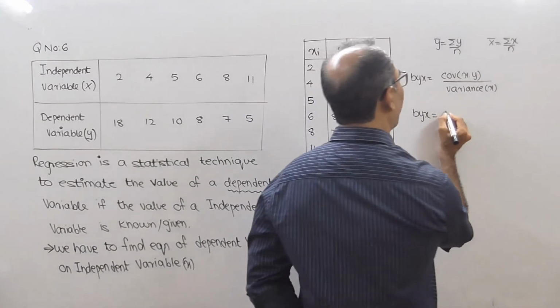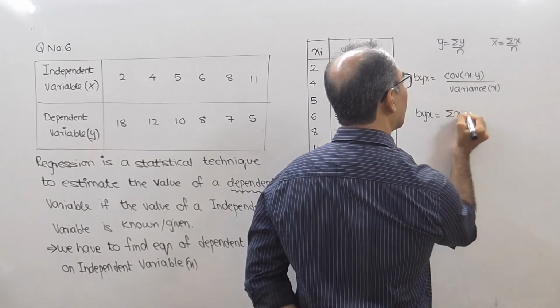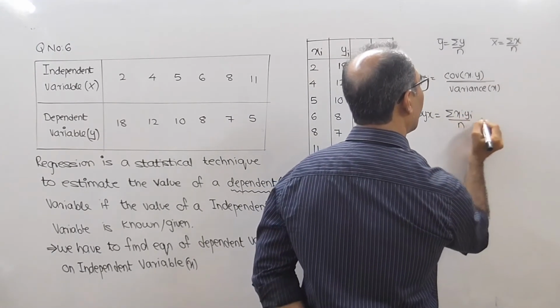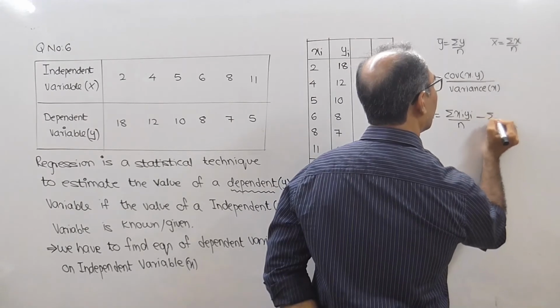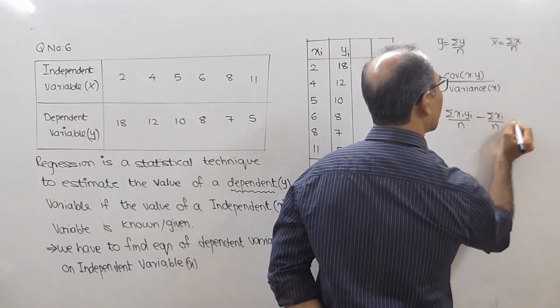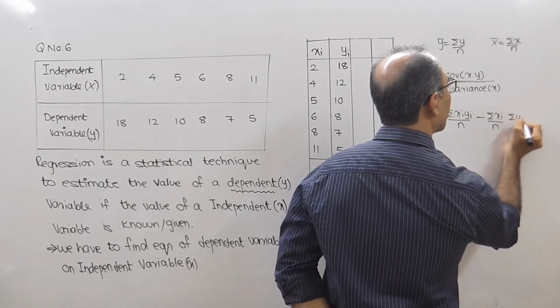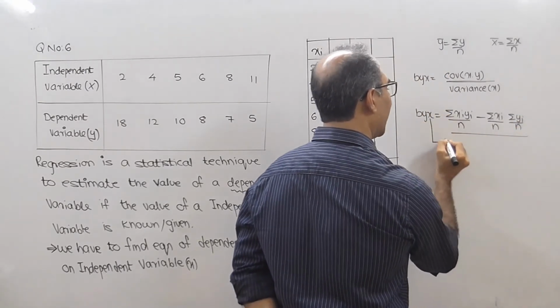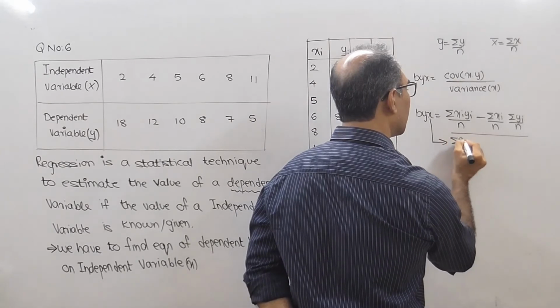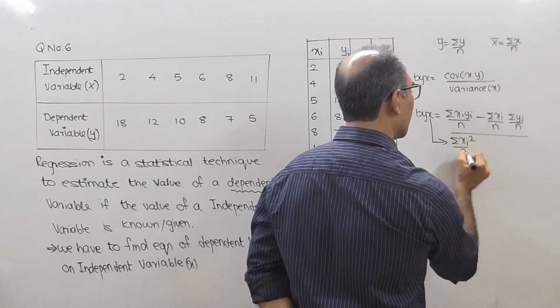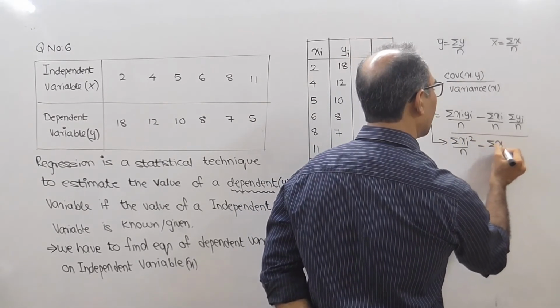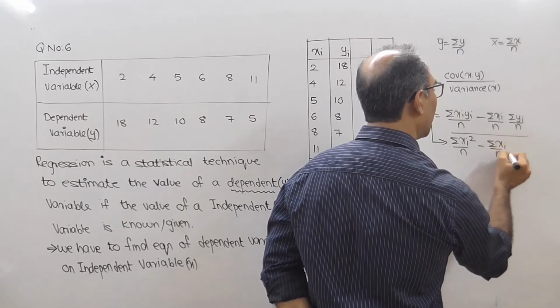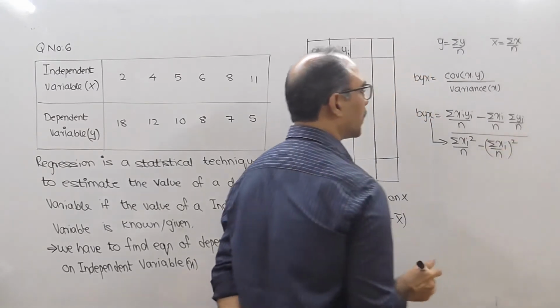Yes. So my formula will be sigma xi yi upon n minus sigma xi upon n into sigma yi upon n, the last alphabet is x. So this will be sigma xi square upon n minus sigma xi upon n the whole square.